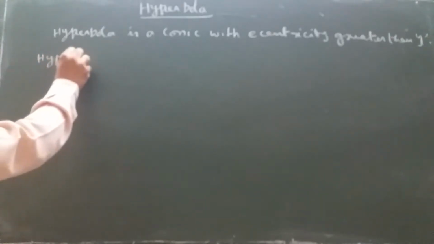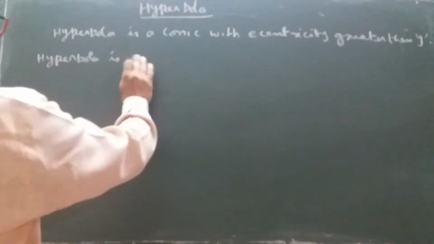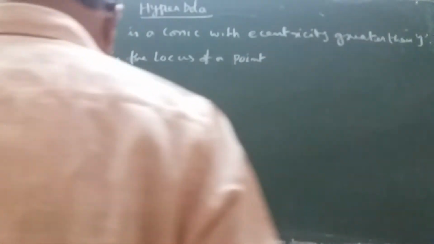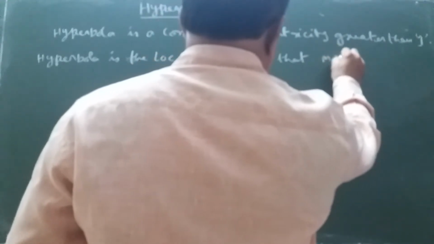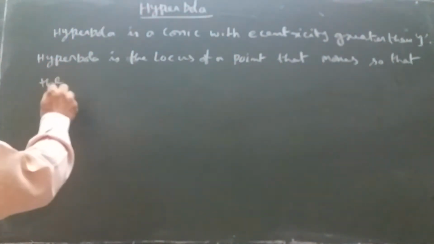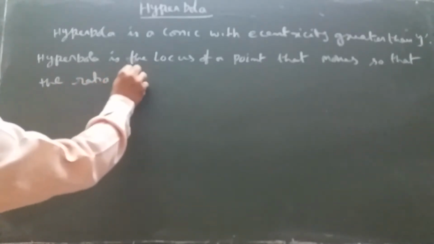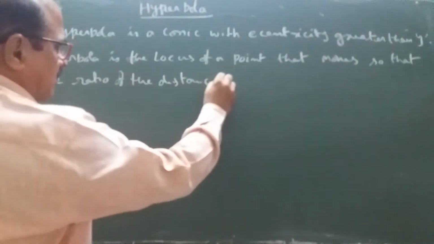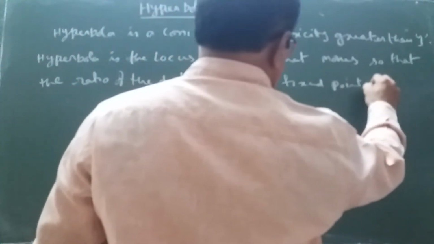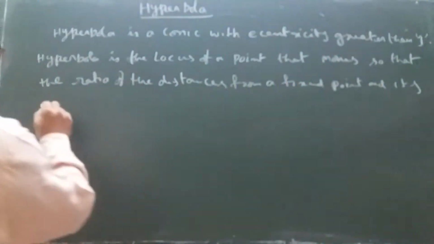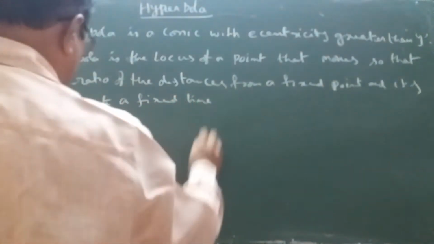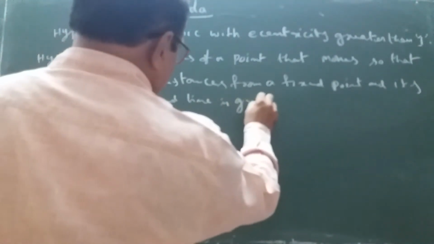Hyperbola is the locus of a point that moves such that the ratio of its distance from a fixed point and its distance to a fixed line is greater than 1.